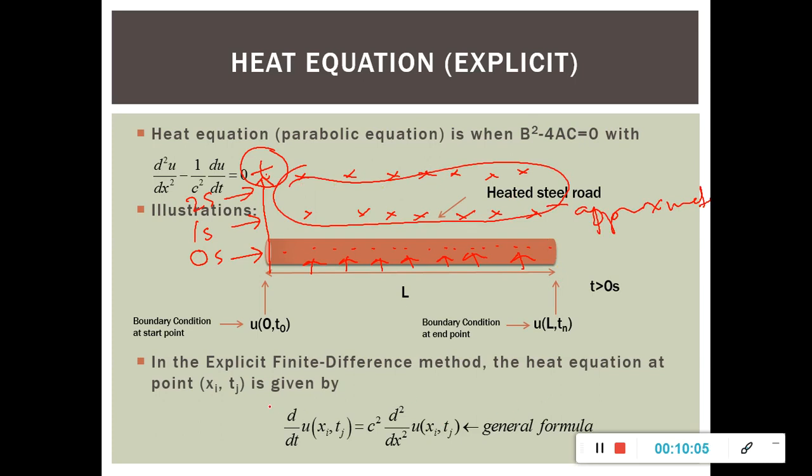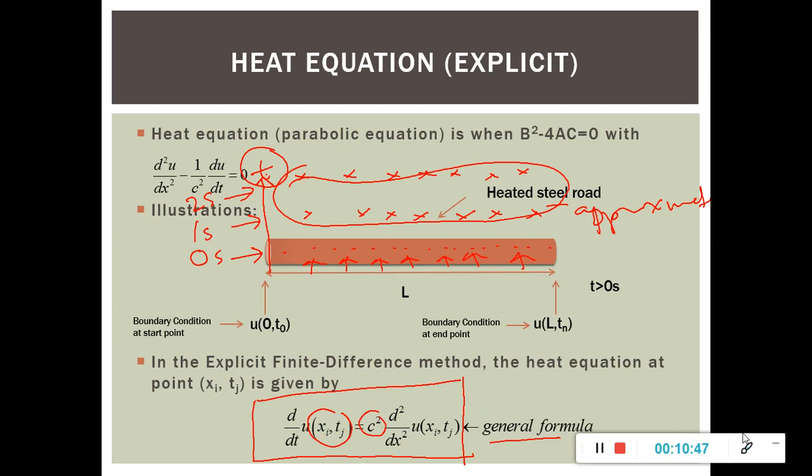Before you can do further analysis to approximate the temperature on the steel rod after a certain time period, you first have to recognize the heat equation given by the question. You must remember the general formula of the heat equation: du dt, for the function of x and time, length and time, equals c squared d squared u over dx squared.